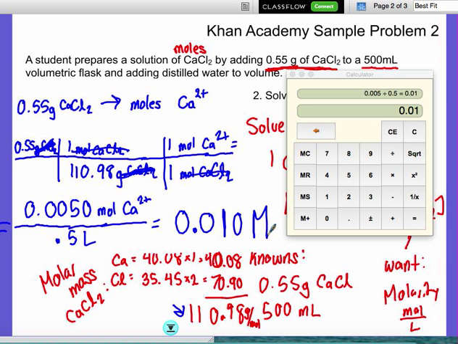And that is our answer. That is the concentration of Ca2+ ions in the solution.